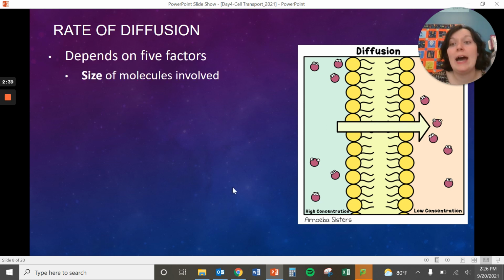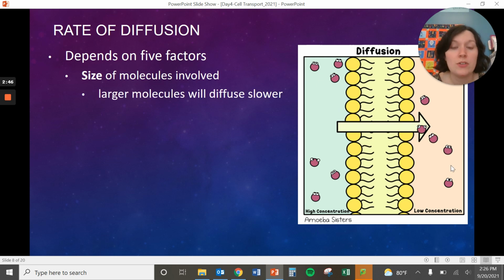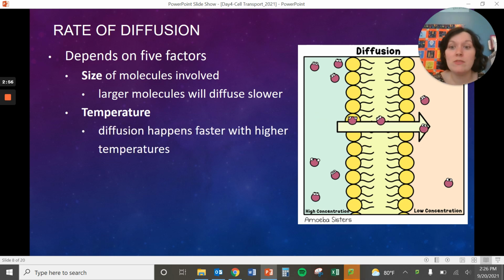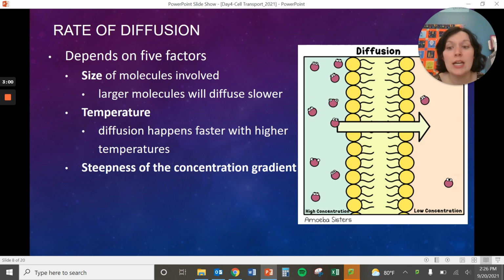Okay, so for diffusion, we have a rate of diffusion. It is dependent on 5 factors. Size of the molecules: smaller molecules will diffuse faster than bigger molecules, and larger will diffuse slower. Temperature also plays a factor. Increasing temperature is going to increase the speed of our molecules moving, so a higher temperature gives a higher rate of movement.